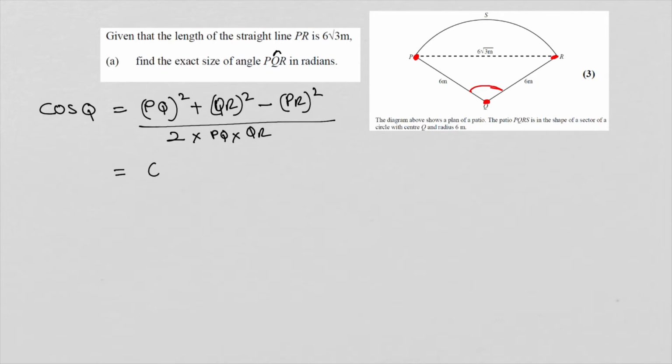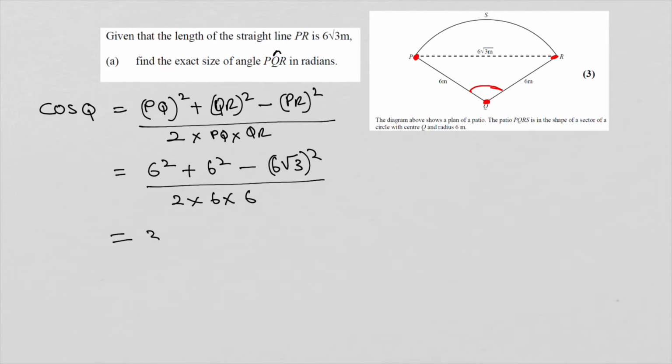And that will be 6 squared plus 6 squared minus 6 root 3 all squared over 2 times 6 times 6.